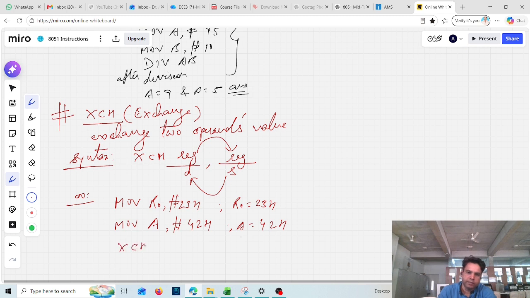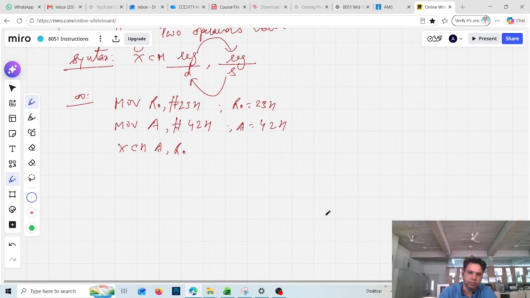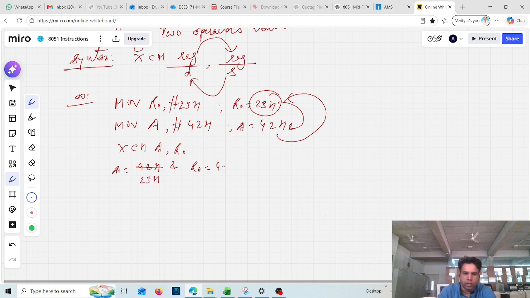If I take XCH A, R0, then after executing this instruction, the value of A will be the value of R0, and the value of R0 will contain the value of A. So A is 3H and R0 is 42H after execution.